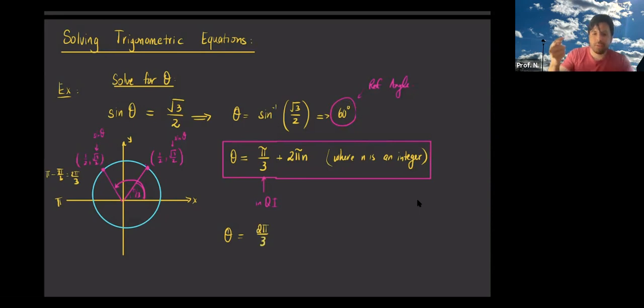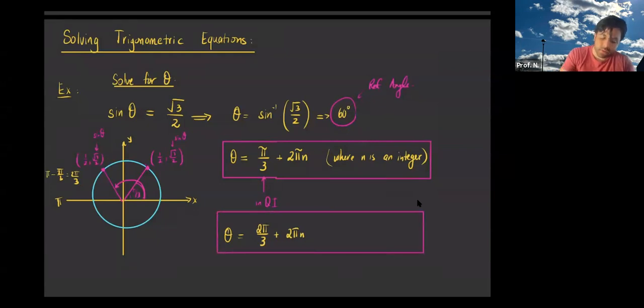So I actually have two answers here. I got pi over 3 as one of the potential answers, and I got 2 pi over 3 as another. But of course, I need to add 2 pi n. So guys, this is my answer, and what I call this is my general solution.